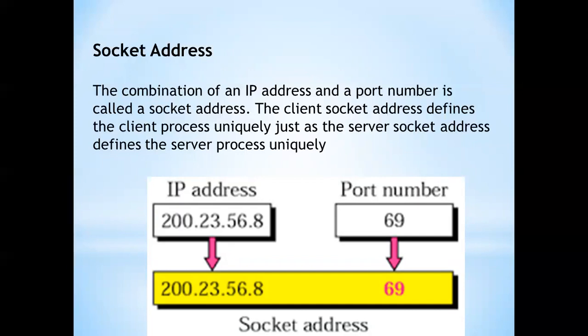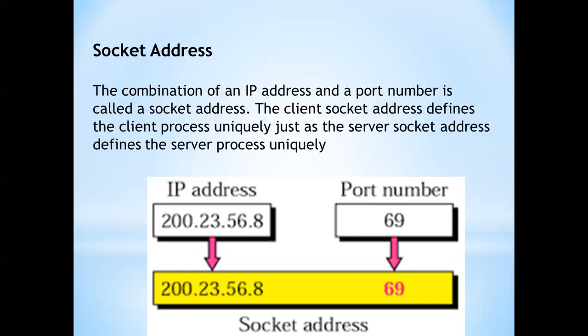The transport layer protocol requires the client socket address as well as the server socket address. These two addresses contain 4 pieces. These 4 pieces go into the IP header and the transport layer protocol header. The IP header contains the IP addresses while the UDP and TCP headers contain the port numbers. The combination of the IP address and port number is called a socket address.